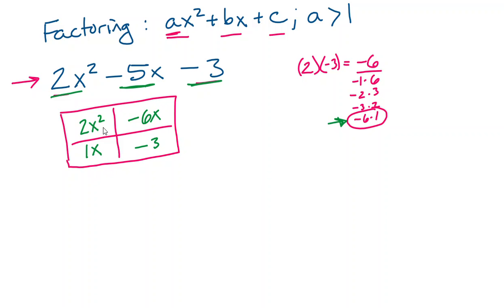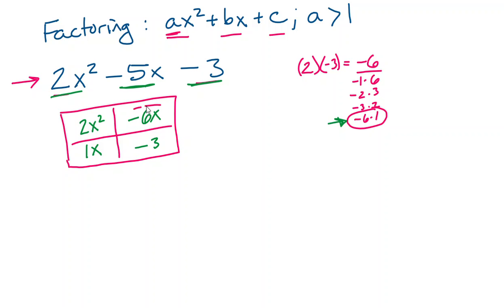Okay, so I took my 3 terms and I split them up between 4 squares using that factor pair that I got from the first and last coefficient to give me the proper pair that's going to work here. Now I'm going to look at each row and each column, and I'm just going to factor each row and each column, and I'll write the numbers down off to the left and at the bottom.